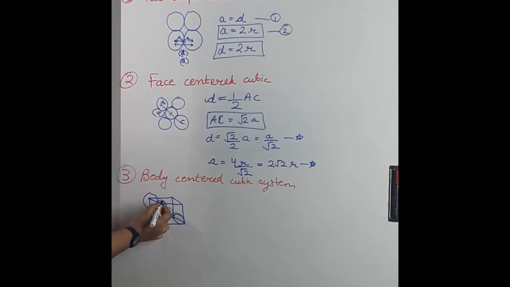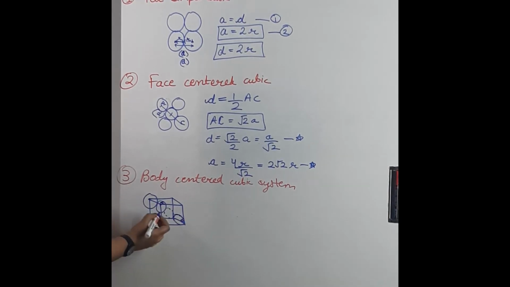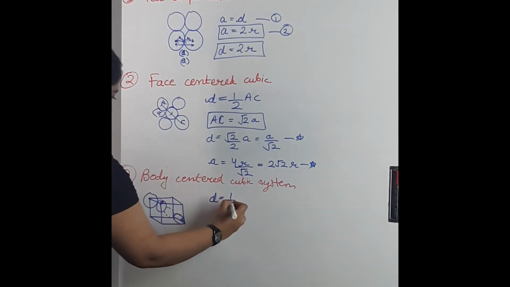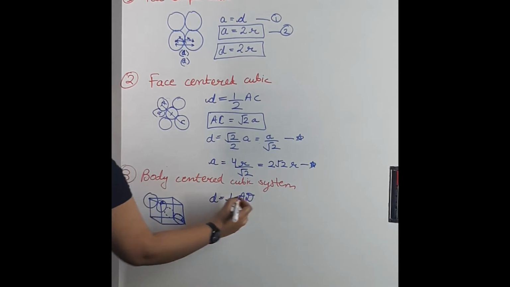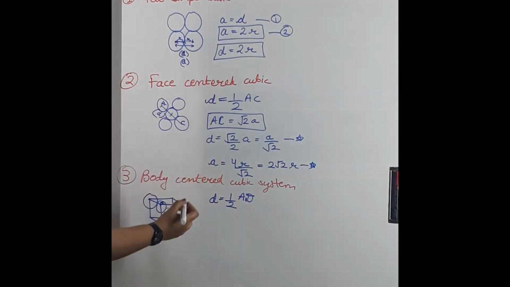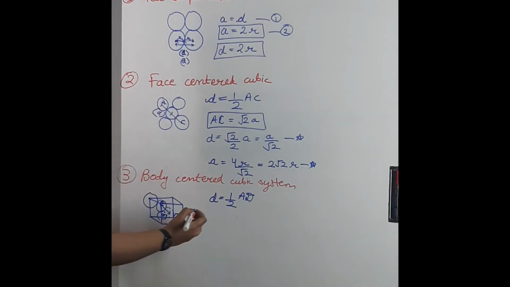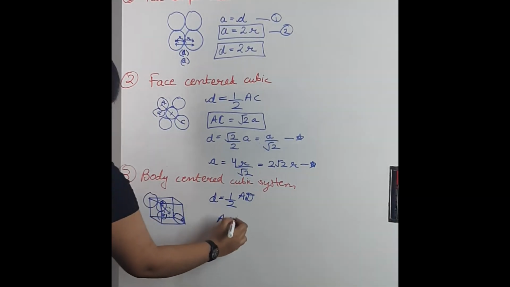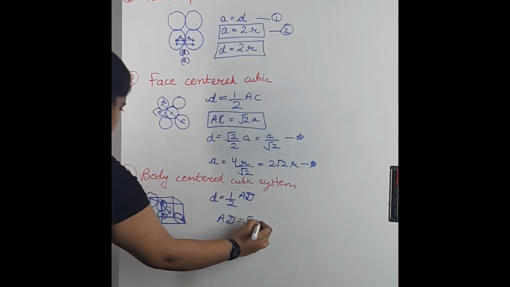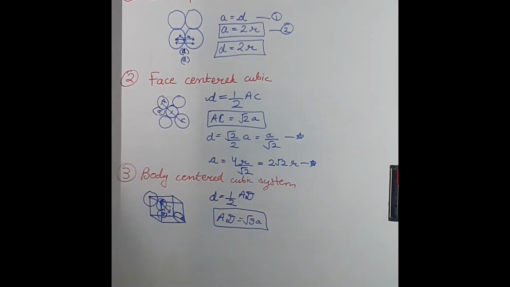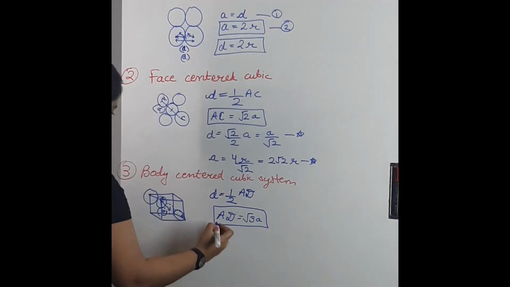And suppose if this is the point A and this is the point D, then d is equal to half of AD, as d is the nearest neighbor distance. The value of d will be from here to here. So AD is equal to root 3 a. This is what we have done in our previous class.